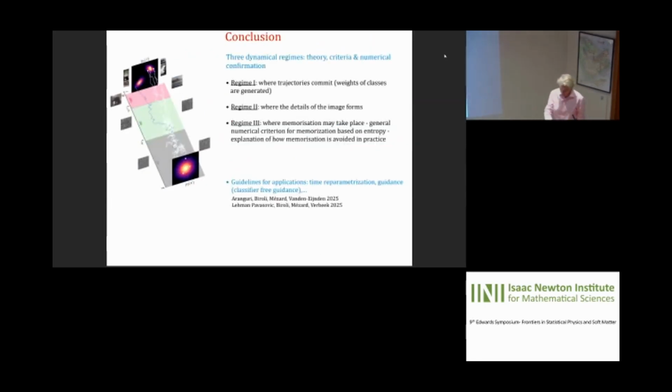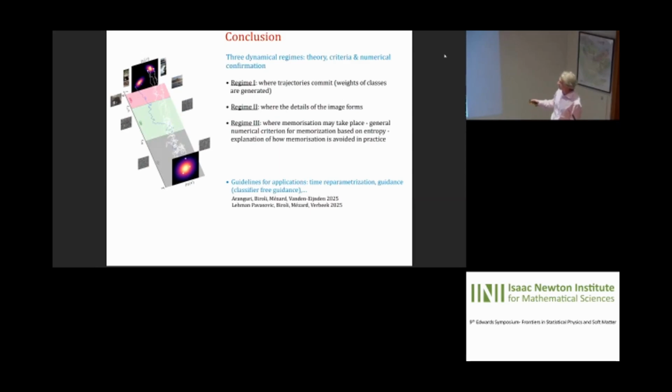Okay, so now I can conclude. What I wanted to show is that these diffusion models are interesting in many ways, but for physicists they are particularly interesting because they are connected to a problem of out-of-equilibrium physics. And we can say several things based on the concepts and methods developed in the field of out-of-equilibrium physics. In particular, I showed you that there are three different dynamical regimes along the backward process.